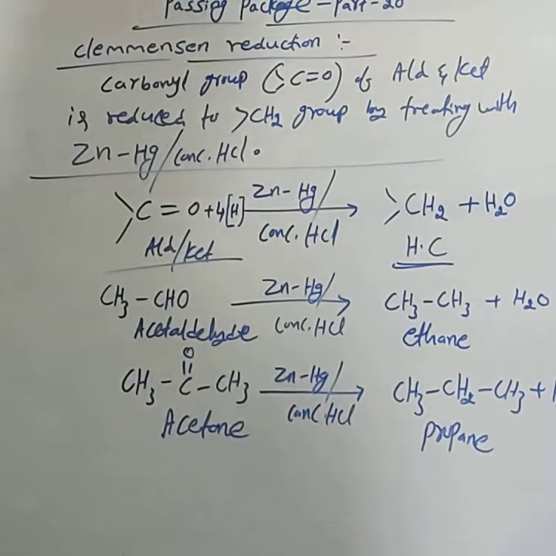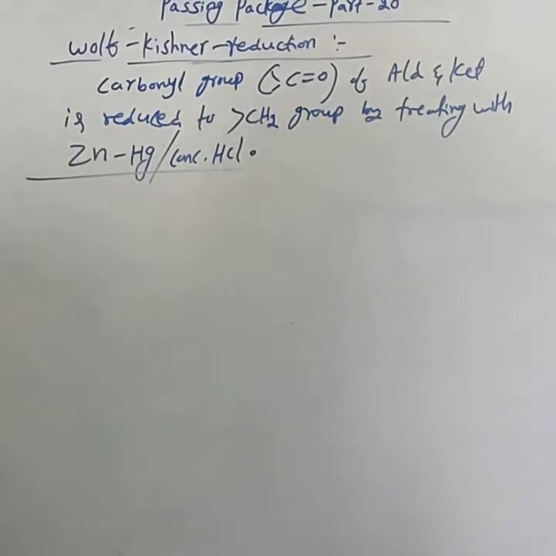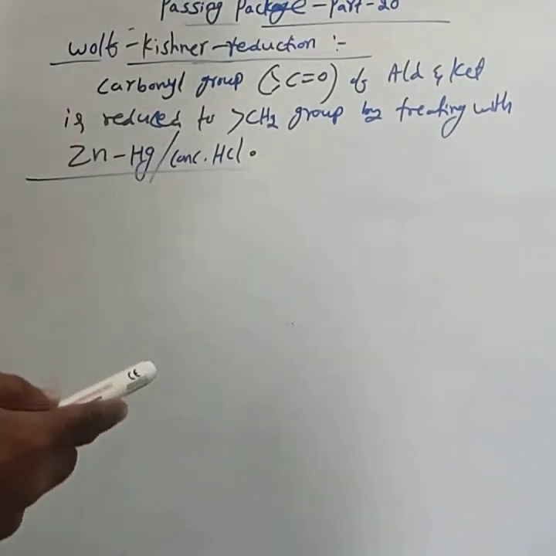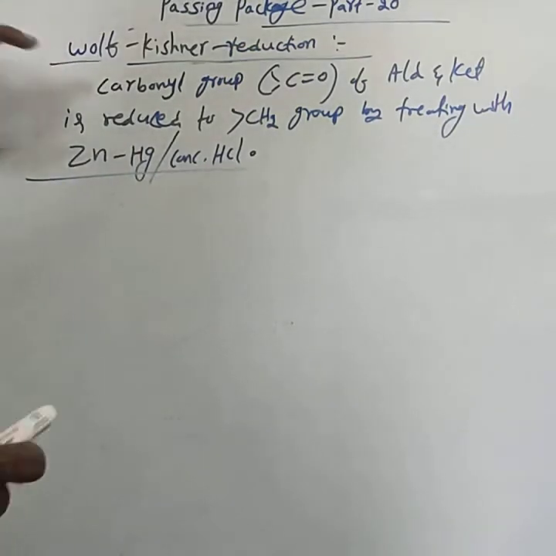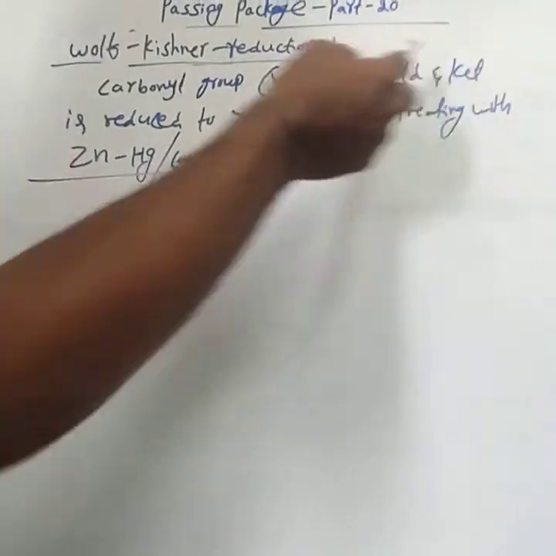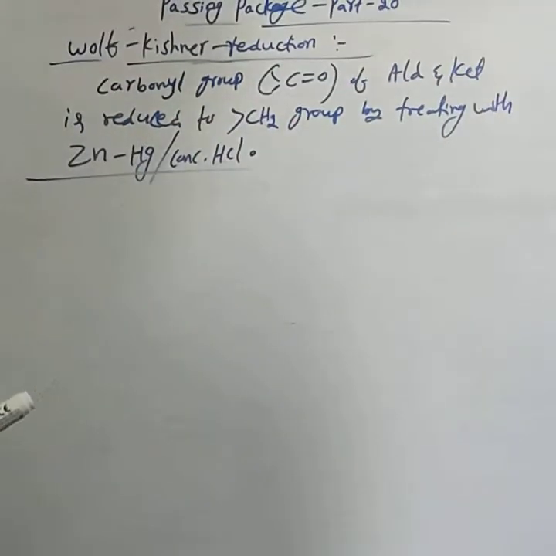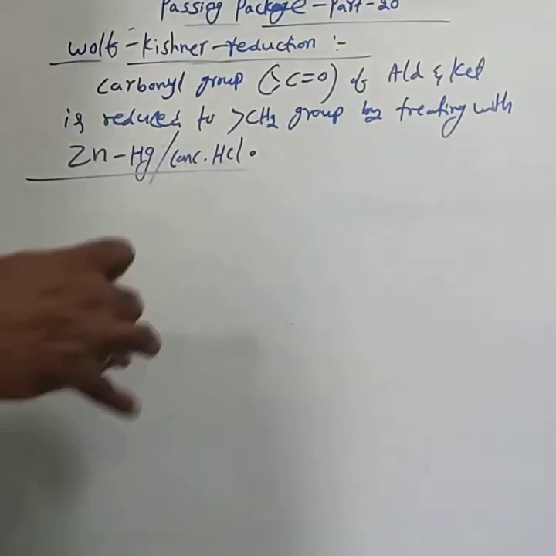Then consider similarly the Wolff-Kishner reduction. Next, consider Wolff-Kishner's reduction. This is also a very important one. In the Wolff-Kishner reduction, take the Clemmensen reduction statement: the carbonyl group of aldehyde and ketone is reduced to a CH2 group by treating with zinc amalgam in concentrated HCl.